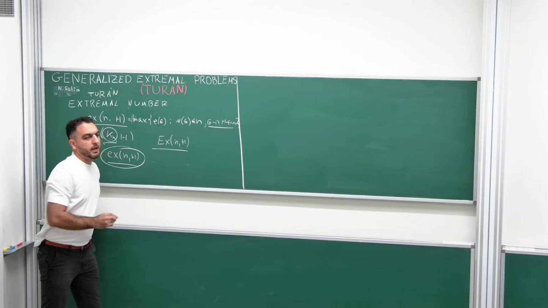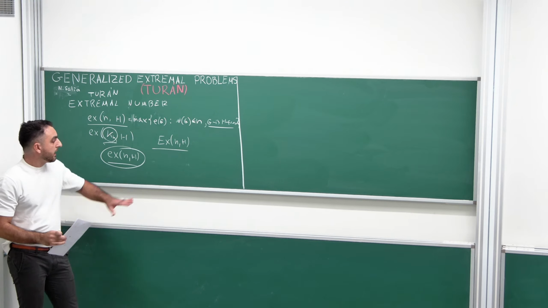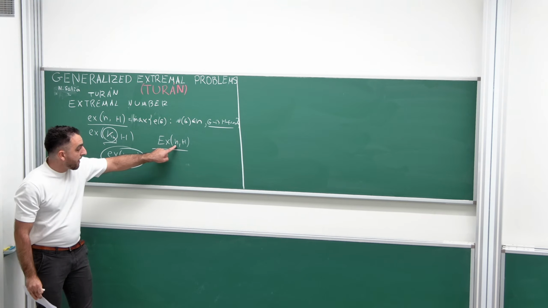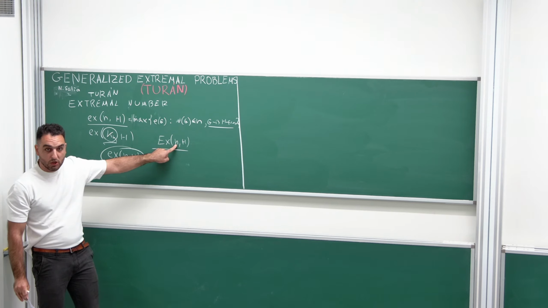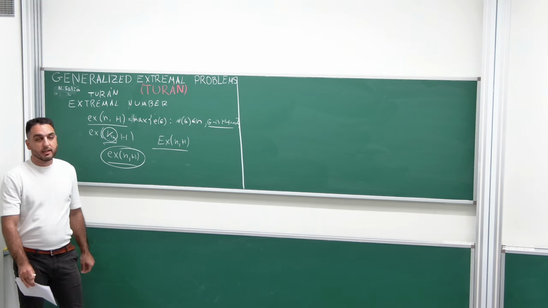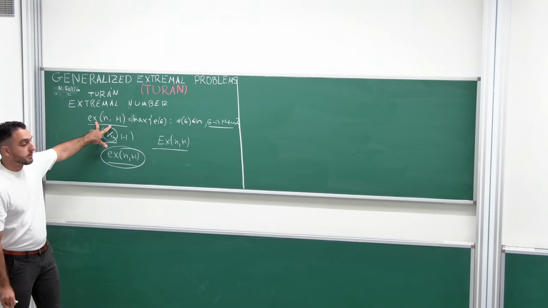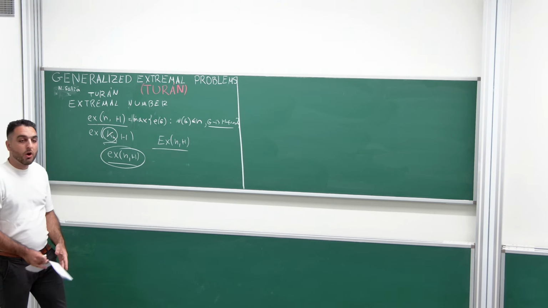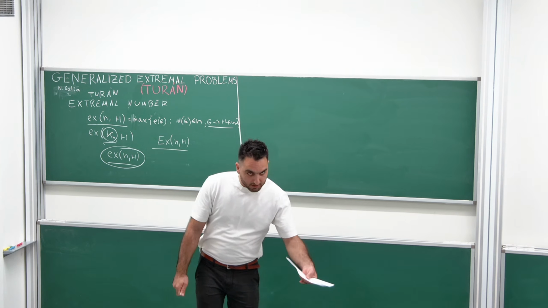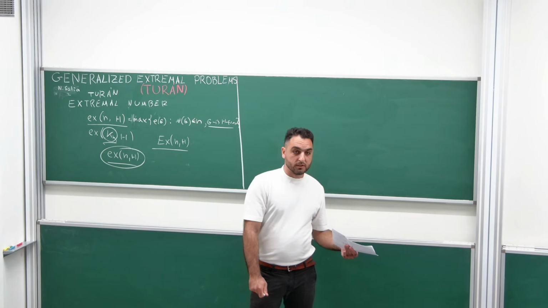Let me not write the definition for this. This is the class of graphs for which we have n vertices, no H as a subgraph, and exactly as many edges as the extremal number. So not only do we determine the extremal number, but sometimes we can determine the extremal graphs.